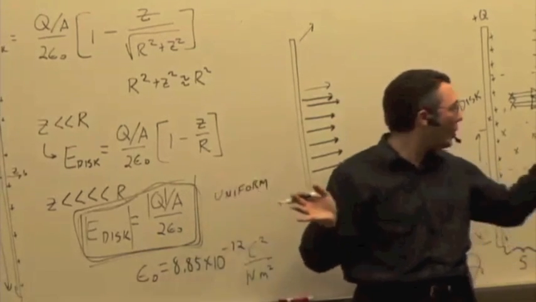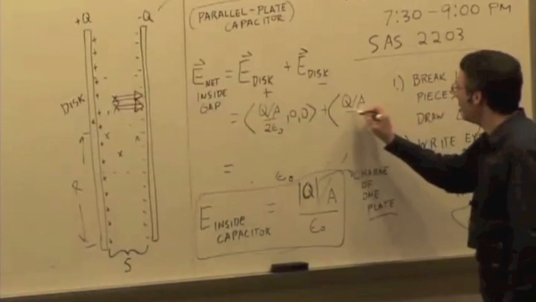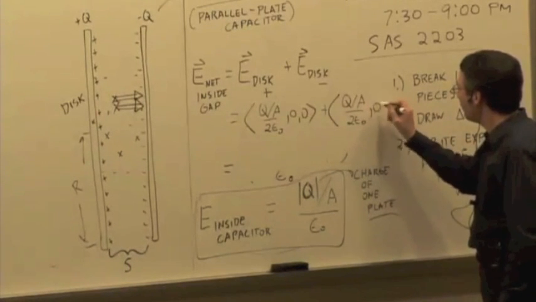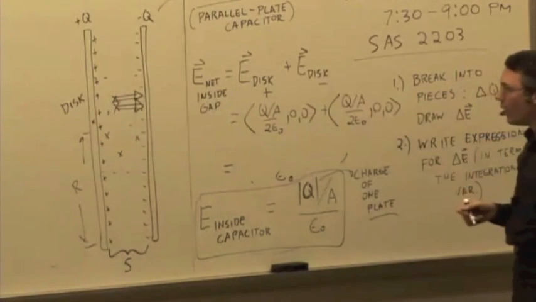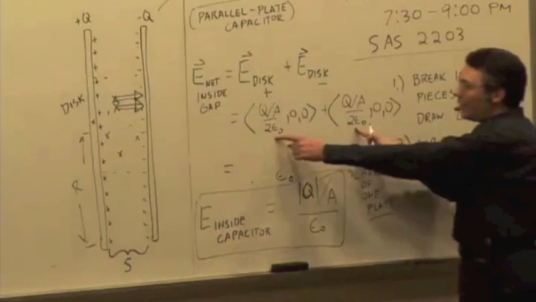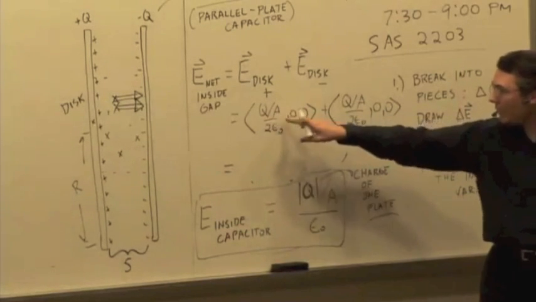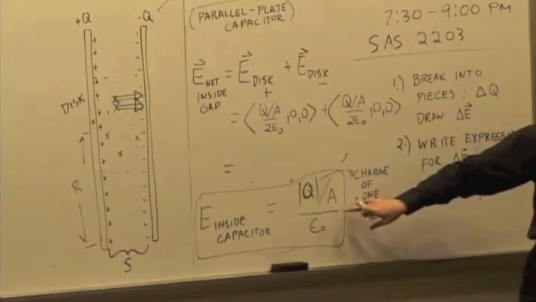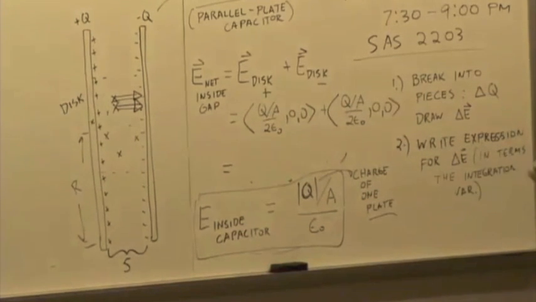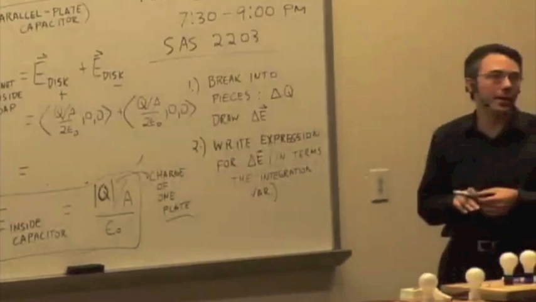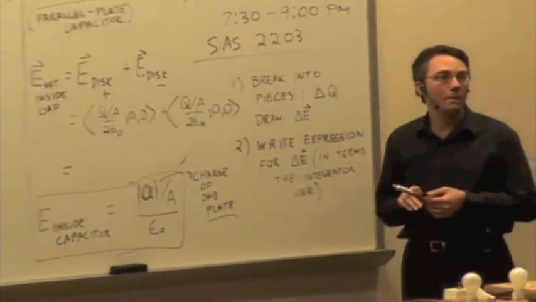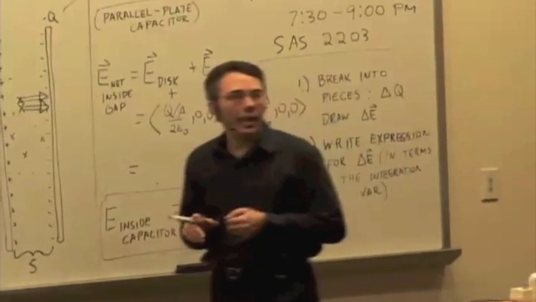Okay, so I know then that it's the same formula. I have another factor of Q over A over 2 epsilon 0, and then 0 in the y and z directions. Add these two together, and I'm just going to get, if I add 1/2 of something plus 1/2 of something, I can just get this back, right? So all I'm doing is adding two fields together. Okay. Questions?